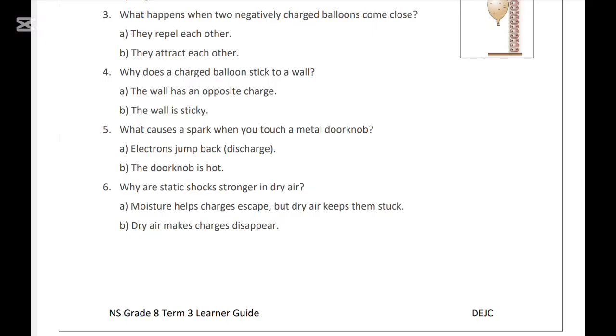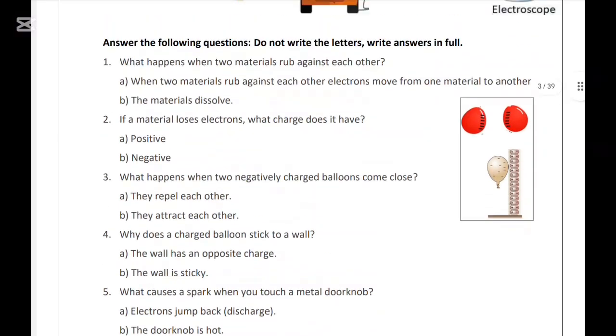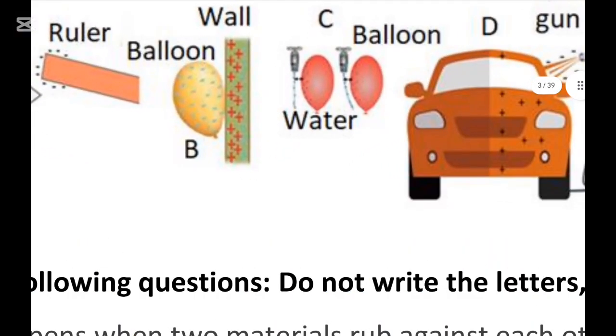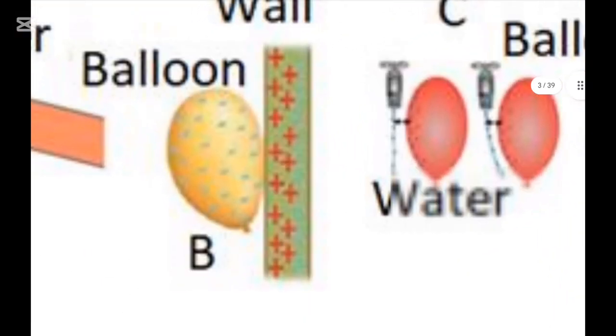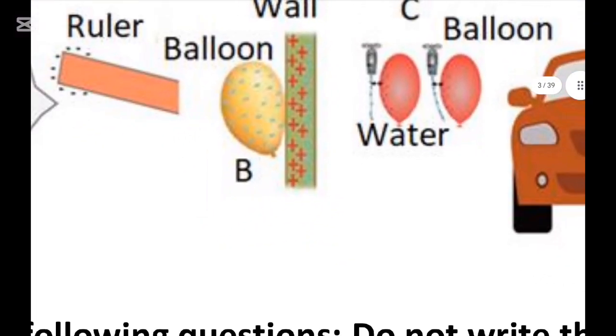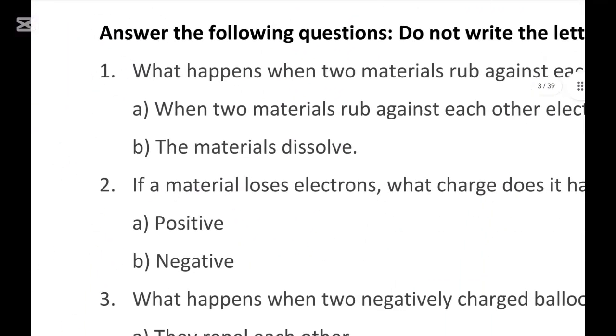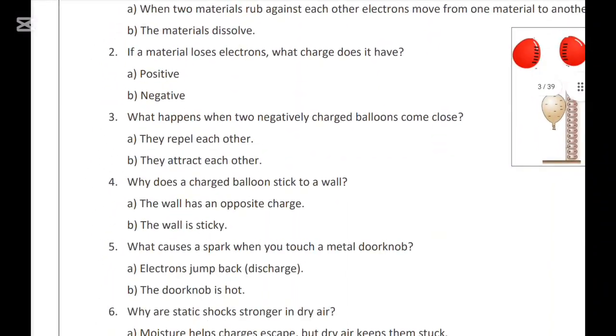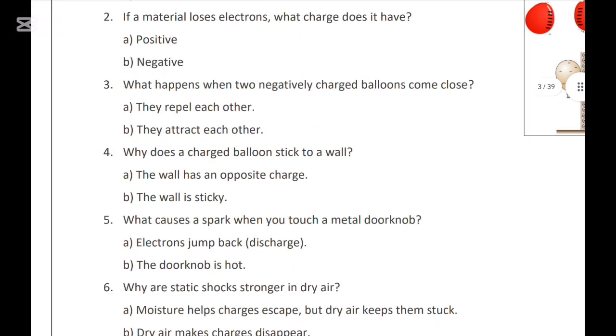B. The wall is sticky. The answer is A. From this picture you can see that the balloon has a negative charge and the wall has a positive charge. So the answer is A. The wall has an opposite charge.